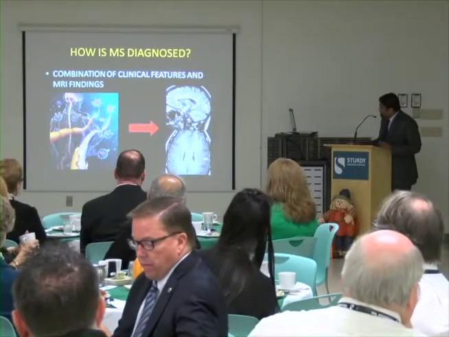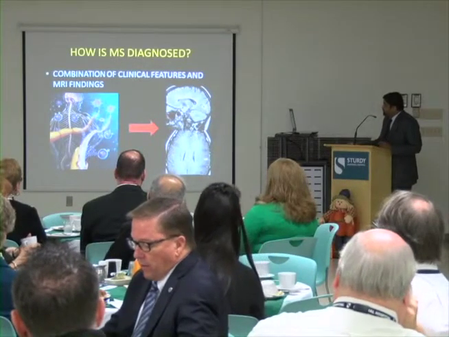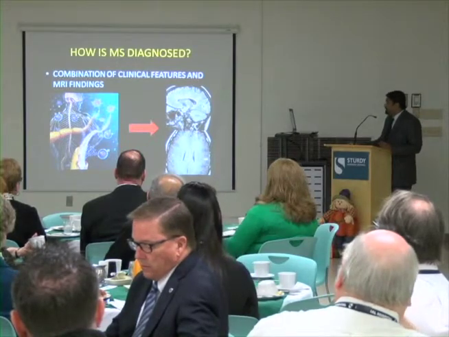And this interaction that leads to the various changes that I just showed you leads to certain shadows on the MRI in a certain pattern, which, when recognized, help us make the diagnosis of MS. The only problem is that some of these findings are not specific, and they can occur in other conditions as well. And that leads to a lot of confusion about whether a patient has MS or not.